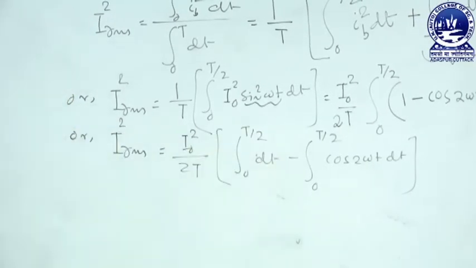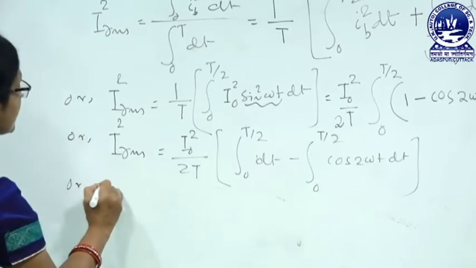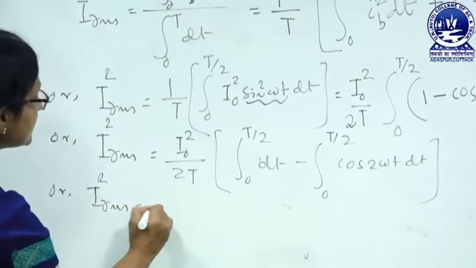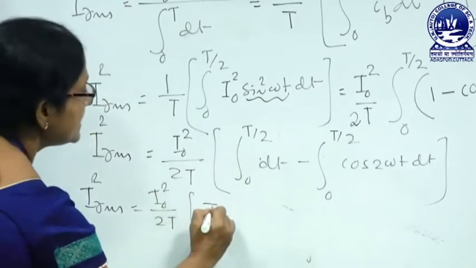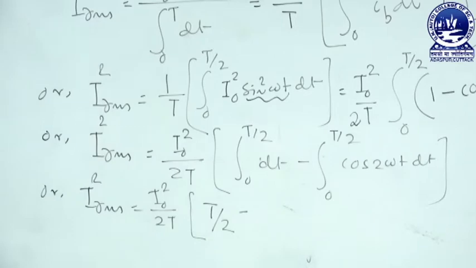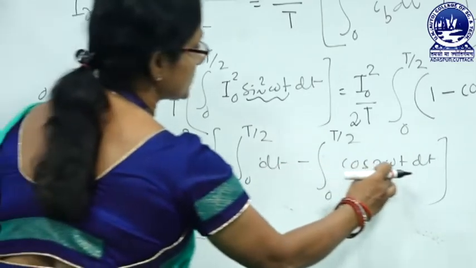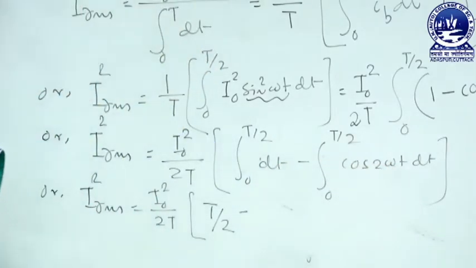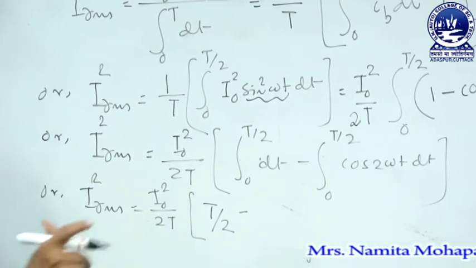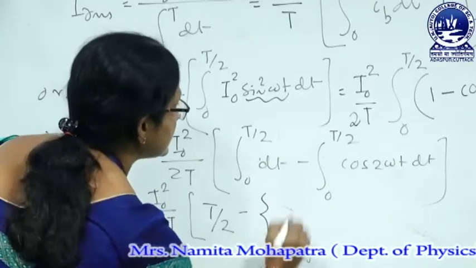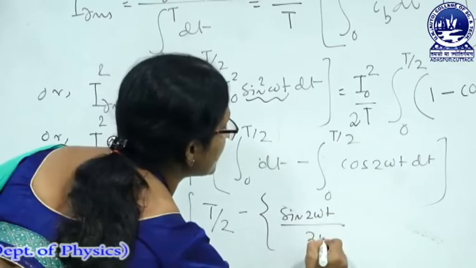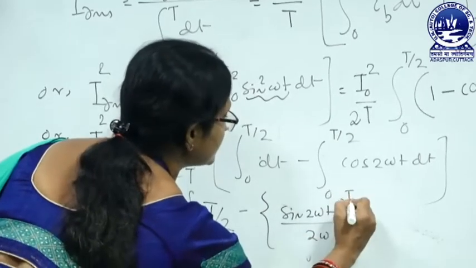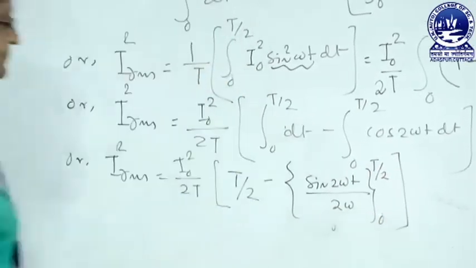So I square RMS equals I naught square by 2T into T by 2 minus, the integration of cos 2 omega T is sin 2 omega T divided by 2 omega, because it is a constant term, sin 2 omega T by 2 omega. The limit is from 0 to T by 2.